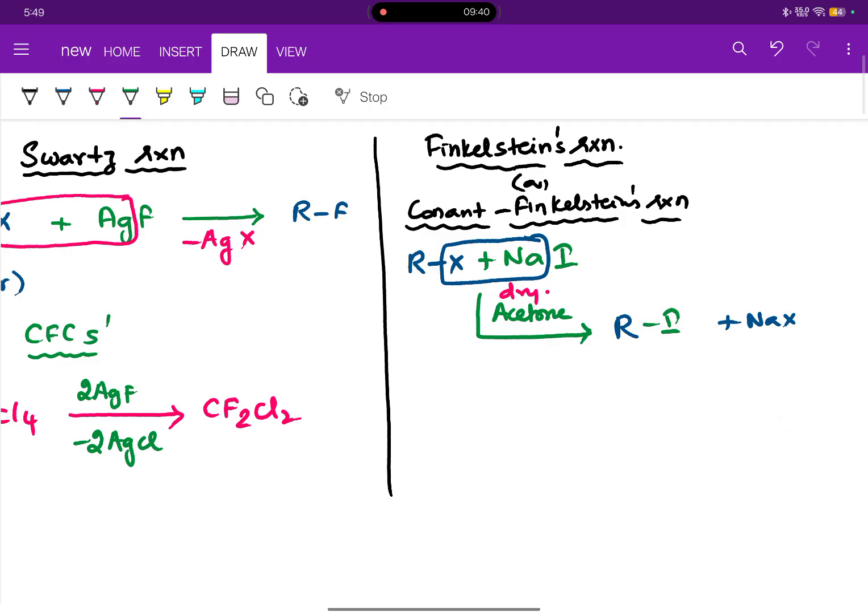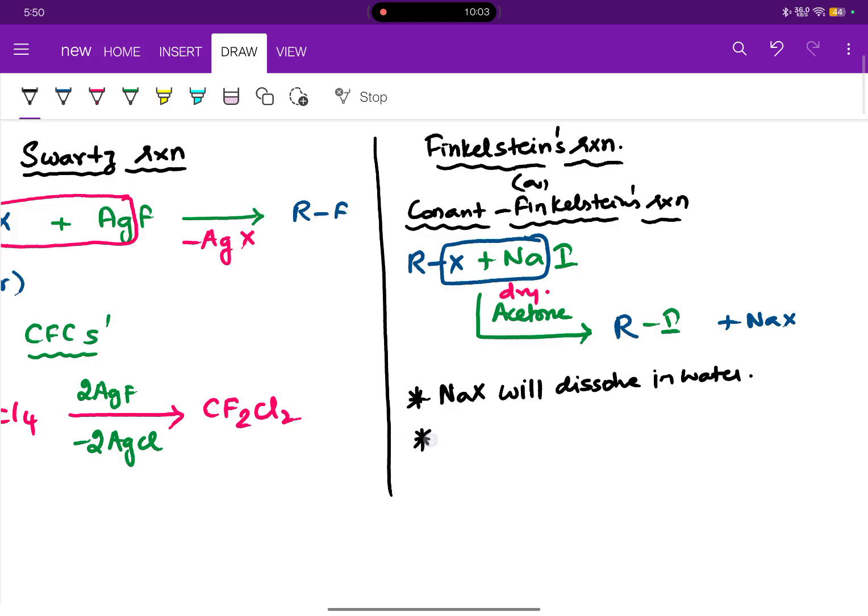So what is the necessity to add dry acetone? First point, if the acetone is not dry, the reaction will not take place because the NaX will dissolve. So you have to make sure the acetone is dry.